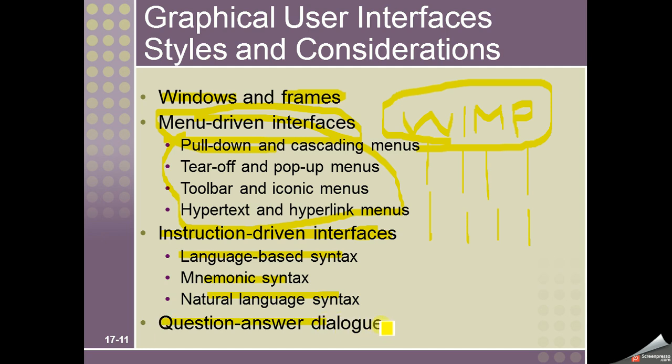They are not used as a complete interface style. Mostly QA dialogues are used as a supporting interface with one of these interface styles. But sometimes they are a good choice as an additional style for the users.